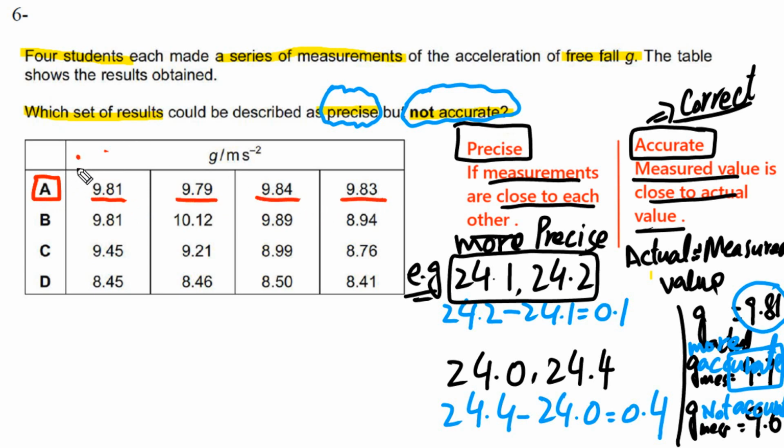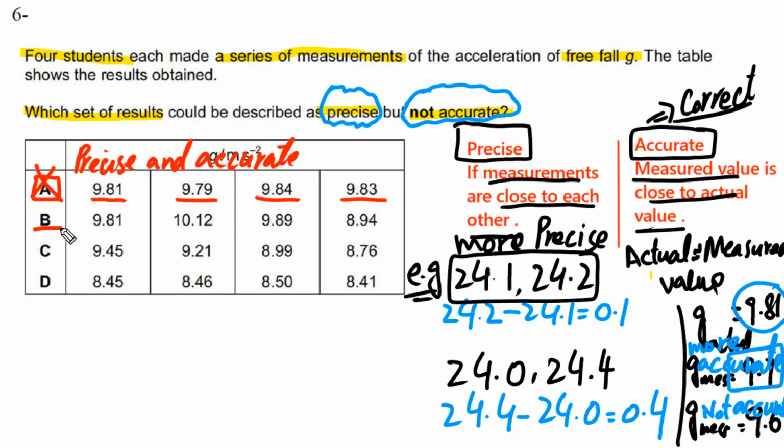These values are very close to each other, so we can say they are precise, and they are also close to 9.81, so they are accurate as well. But this is not our answer, because the measurements have to be precise but not accurate. So this is not the best possible answer.